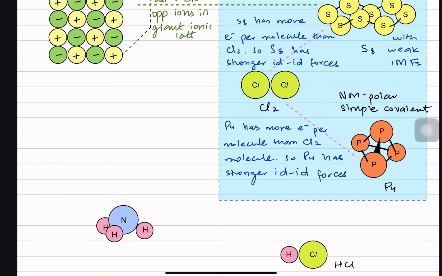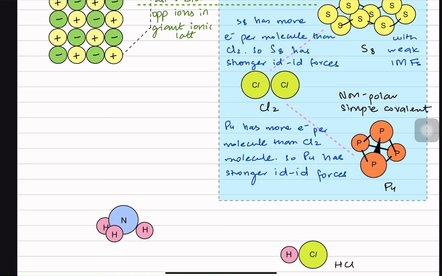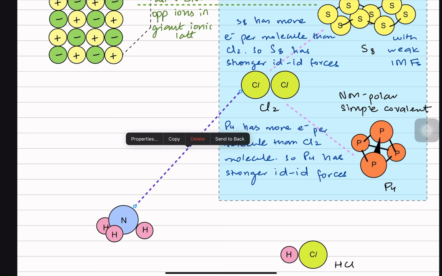Now let me give you another example. This time I am comparing two simple covalent molecules, Cl2 with NH3. Cl2 is a simple molecule.